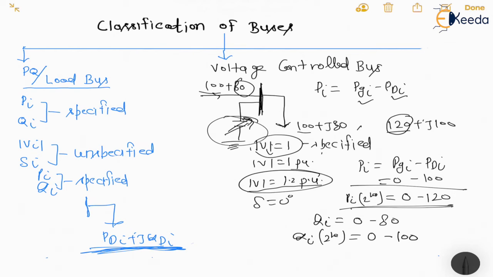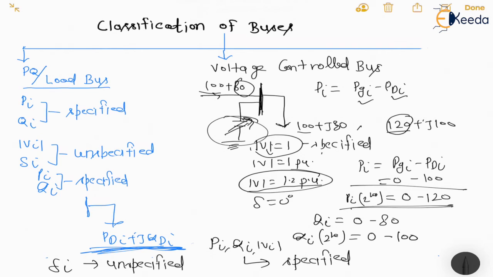So this is the quality of a voltage control bus, that in a voltage control bus all three quantities Pi, Qi and Vi will be specified, and the only unspecified quantity is delta. This is the difference between the generator bus, that is the PV bus, and the voltage control bus.